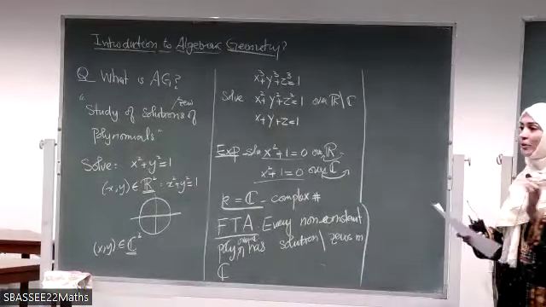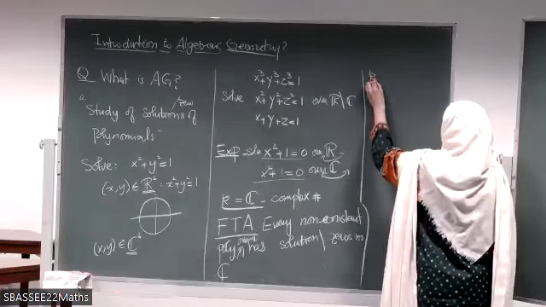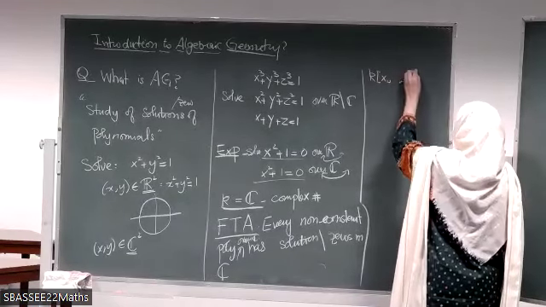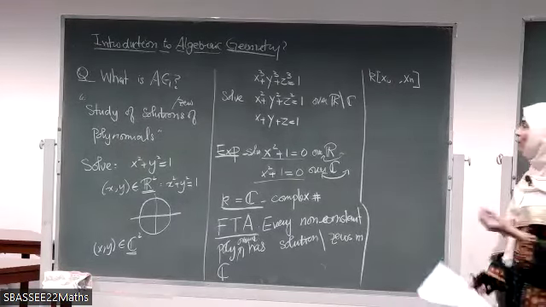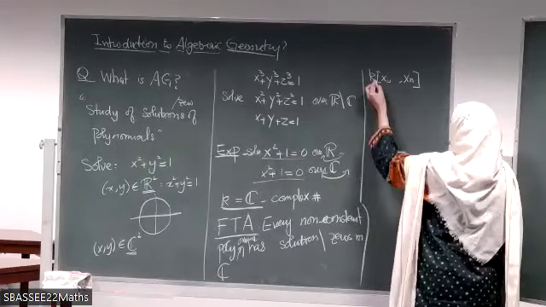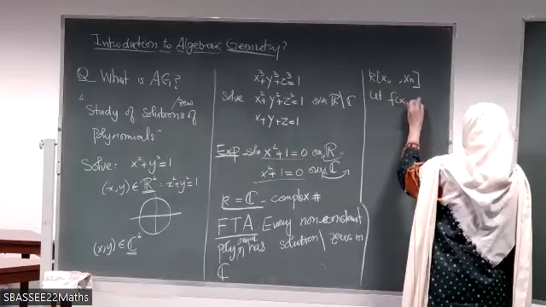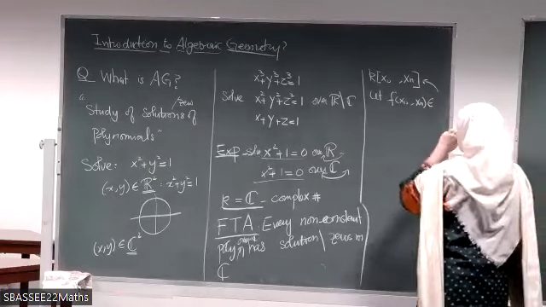Okay, so let me fix a few more notations, right? So we'll always consider polynomials. The set of all polynomials in n variables, which is over K, is written in this form. So if I am taking a polynomial f of x1 up to xn, this is a ring.